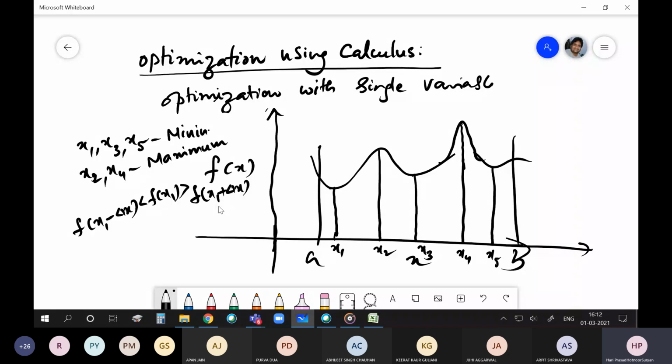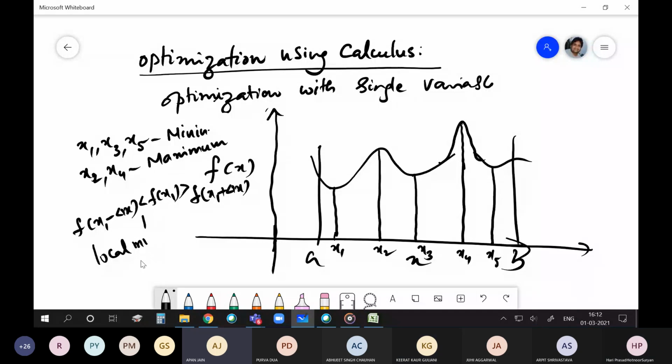This is how we define the local minimum. So the function is said to have a local minimum at x1 if it has the least value in its neighborhood.